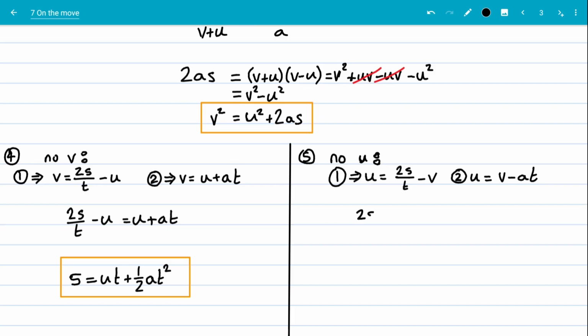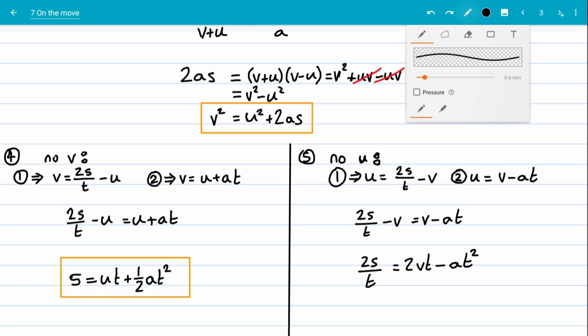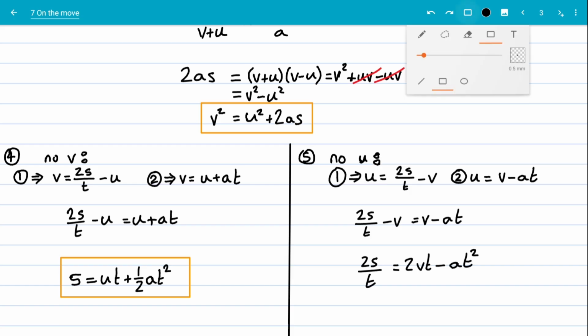So 2s over t minus v is going to equal v minus at. Add v to both sides, so you end up with 2s over t is equal to 2v minus at. Multiply both sides by t. Starts looking a bit like that.